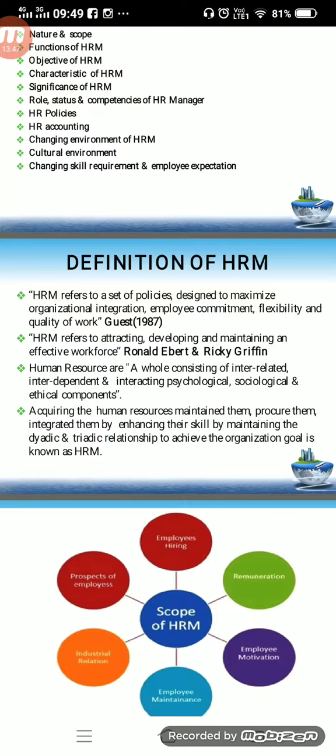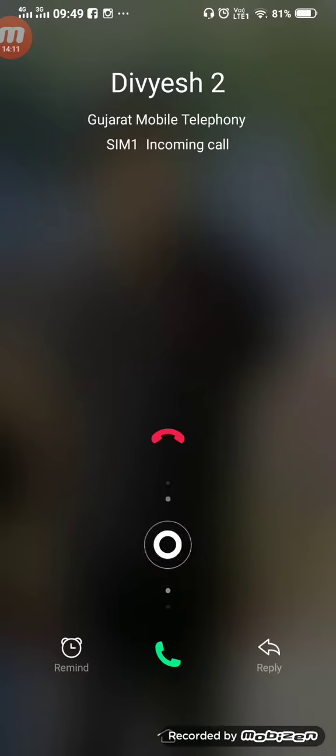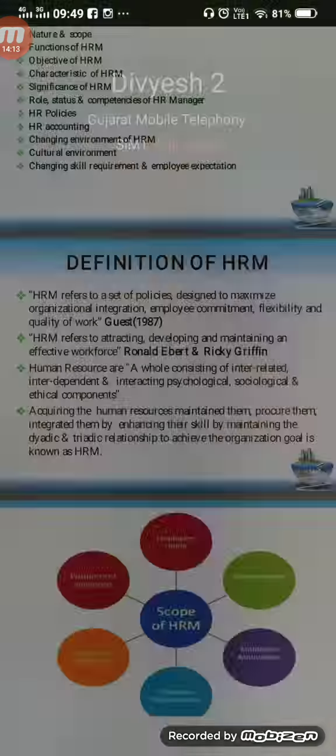The third definition is that human resources are a whole consisting of interrelated, interdependent, and interacting psychological, sociological, and ethical components. Here we can say that the activities done by the HR managers are not only related to the sociological.